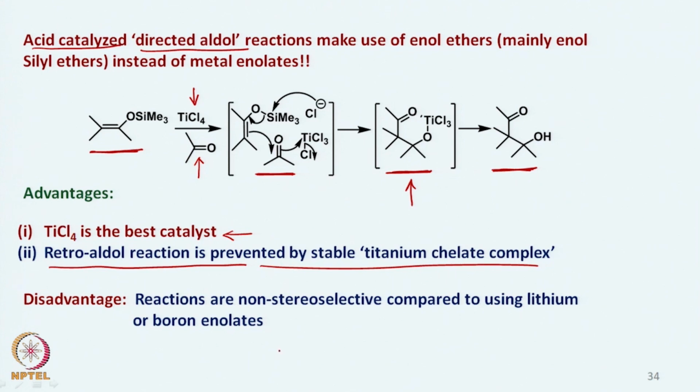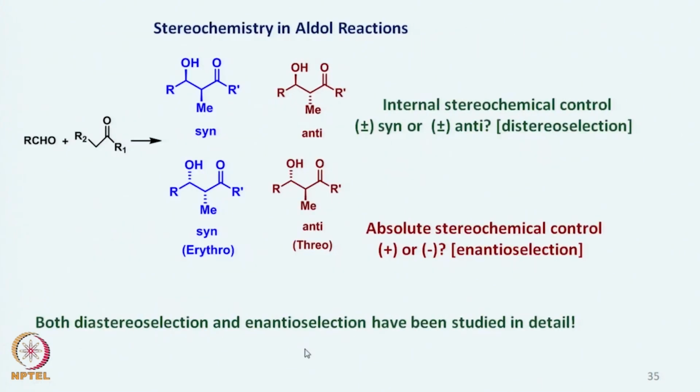The disadvantage, of course, is that such reactions are non-stereoselective compared to using lithium or boron enolates. So this is something that we need to address very carefully, and this enol silyl ether based chemistry, although useful and developed by Mukaiyama, has some disadvantages.